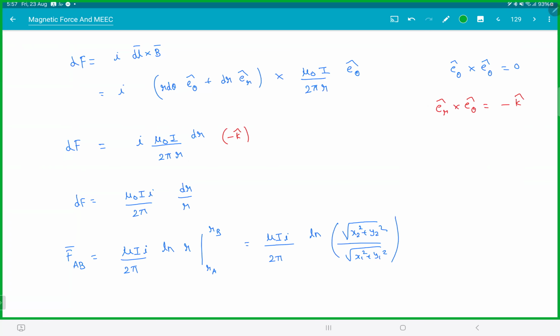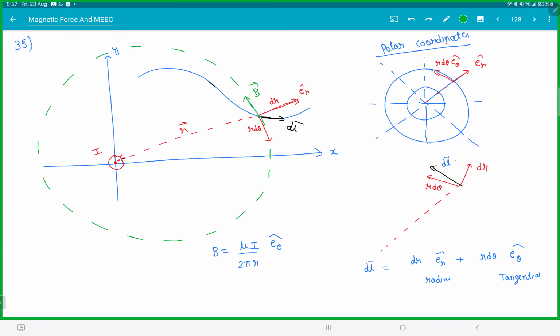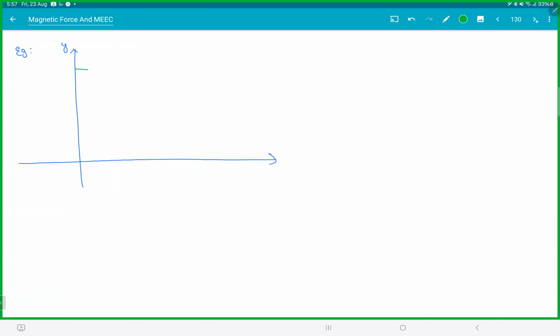The idea for this thing is actually I saw a question somewhere. They gave the answer pretty easily, but after that I felt like we could have done it better. Suppose you have an elliptical wire. This was a question that I saw, and we derived it for a general wire. So the elliptical wire is x square by a square plus y square by b square equal to 1.